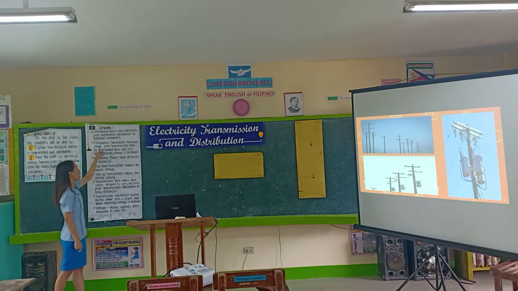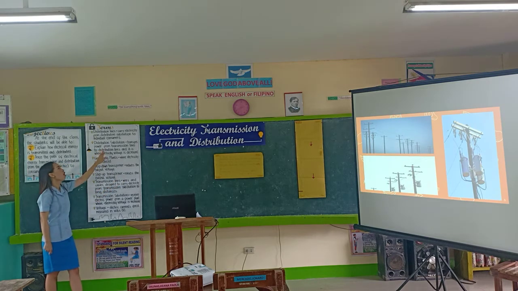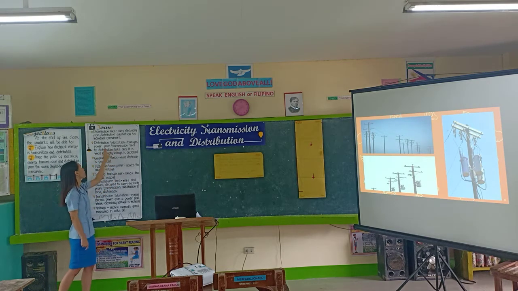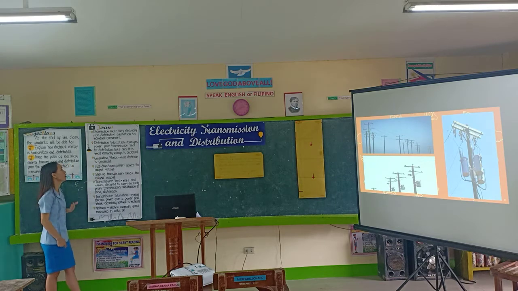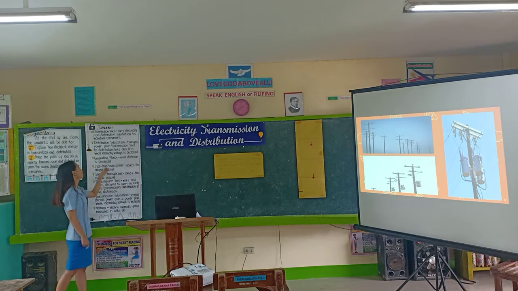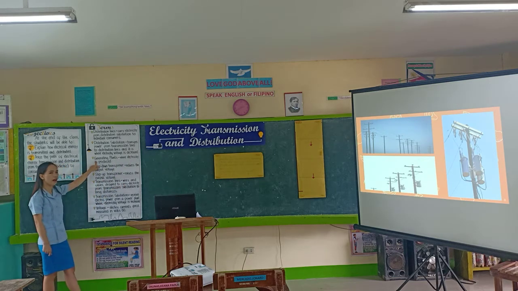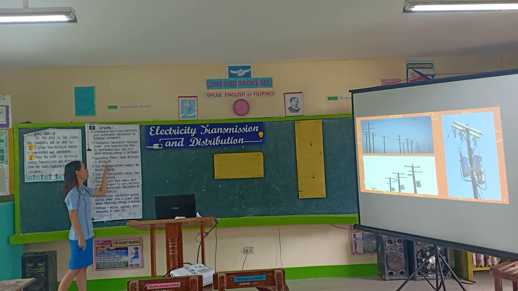Next term, distribution substation. It transfers power from transmission lines to distribution lines, and it is where electricity voltage is decreased. Next one, generating plants, where electricity is produced.